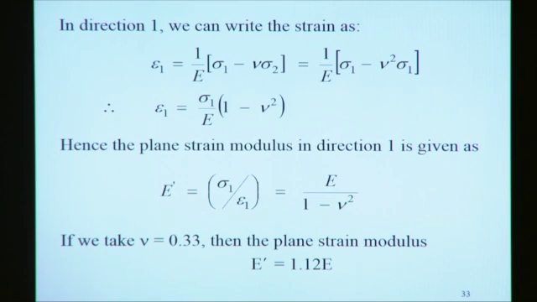If we consider nu as 0.33, then the plane strain modulus is calculated as 1.12 E. So in this case the effective modulus along one specific direction, maybe direction 1, is 12% more as compared to the Young's modulus which was measured in uniaxial tensile testing.